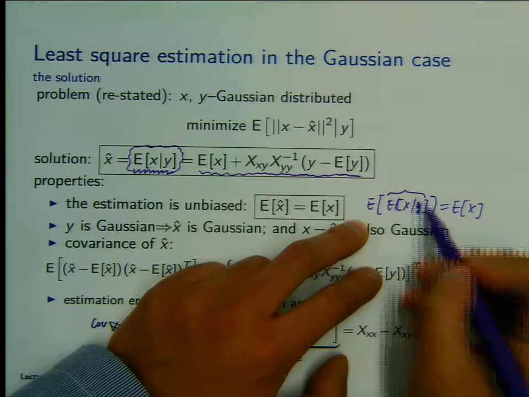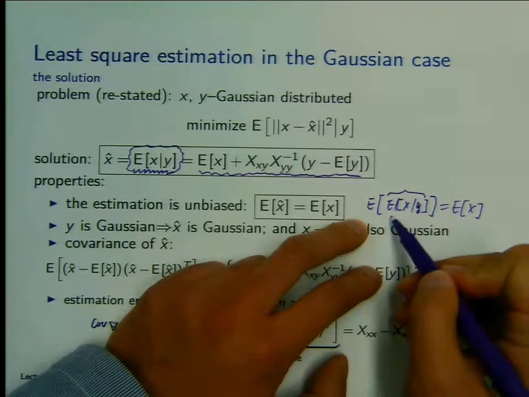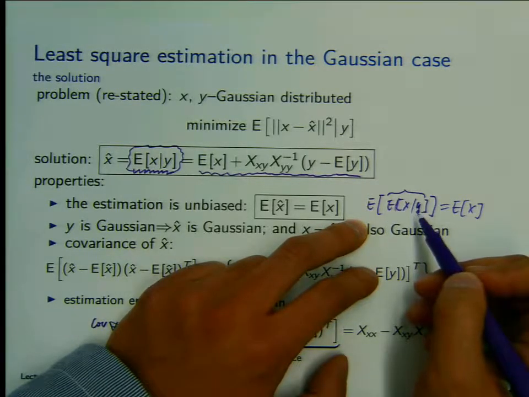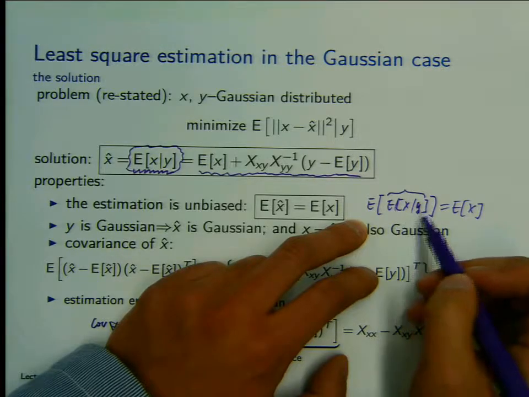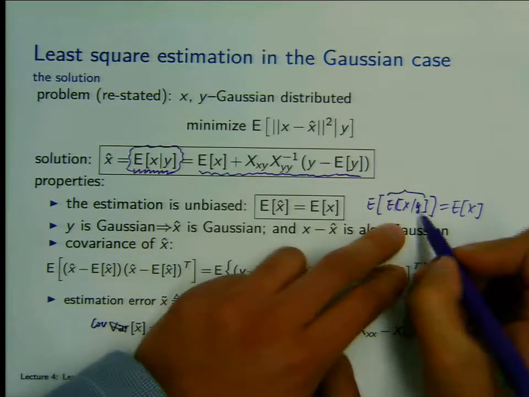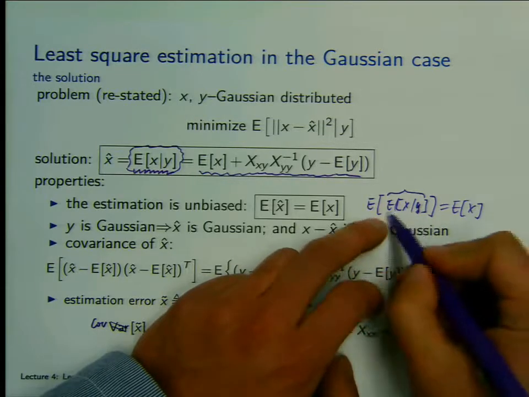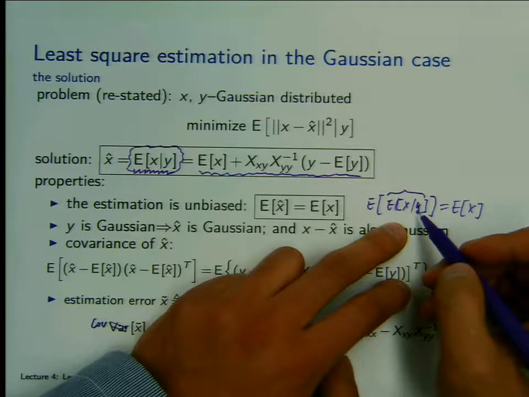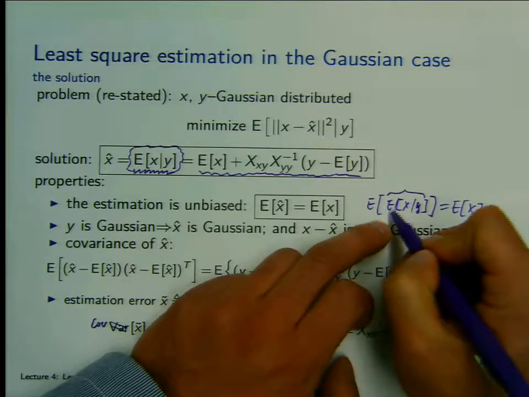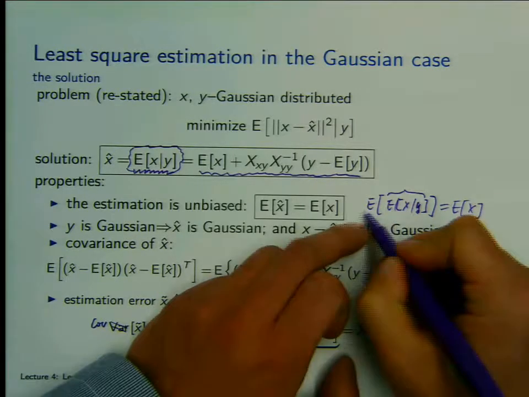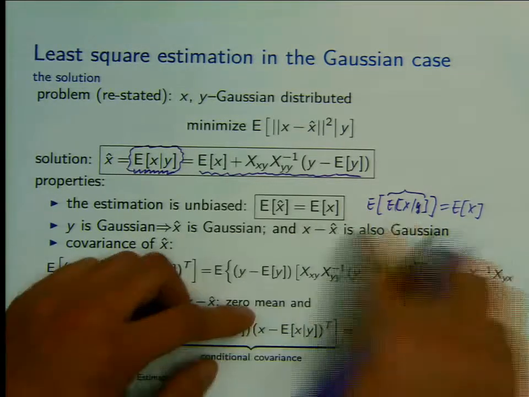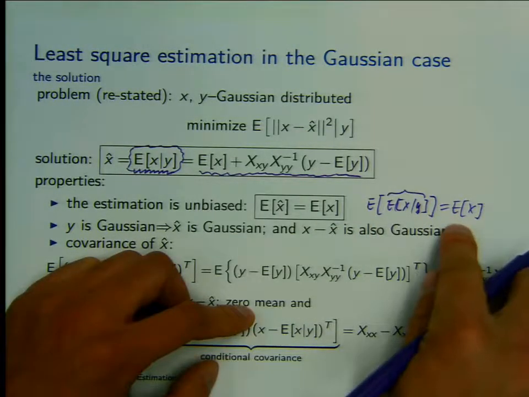Meaning, what's the randomness in this term here? What is random in this term? X, not quite. Y, right? So I've told you that this expectation is going to depend on what information of y you give me. So the first expectation is taken with respect to x, and then this one is taken with respect to y, okay? So after you've taken these expectations, then we're going to get this, okay?